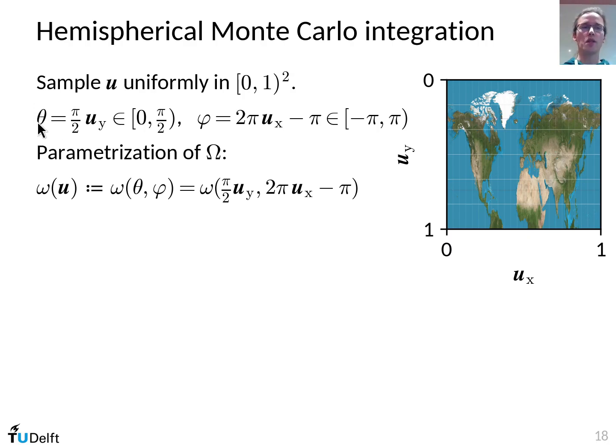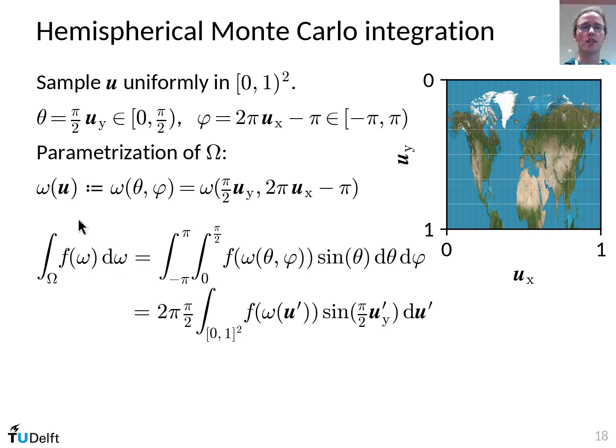So we compute theta by simply taking the y-coordinate of this point and multiplying that by pi over 2. And we compute phi by multiplying the x-coordinate by 2 pi and then subtracting pi so that we end up in this interval here. And then with that we have a parametrization of the hemisphere in terms of these random numbers here, which looks like this.